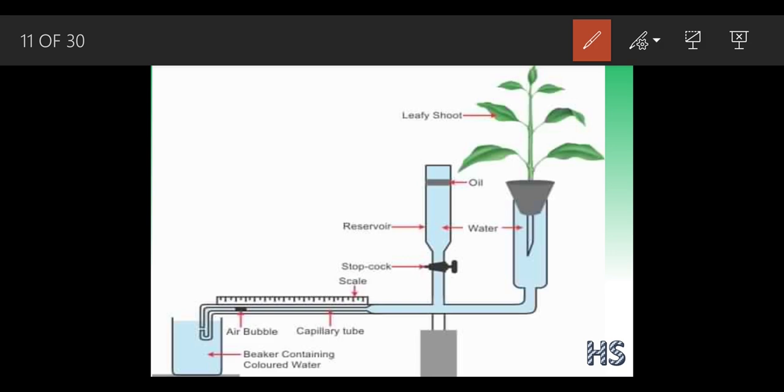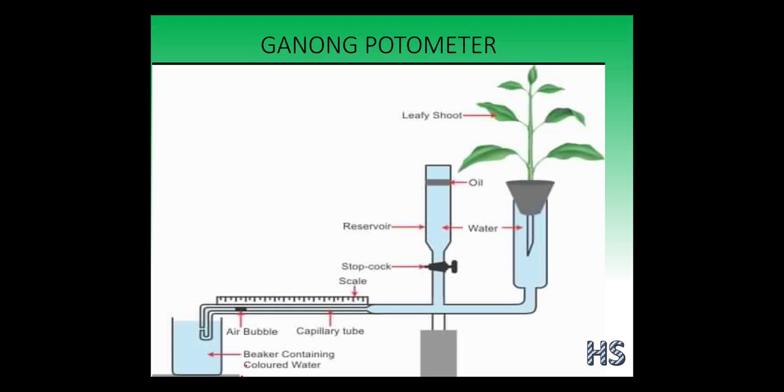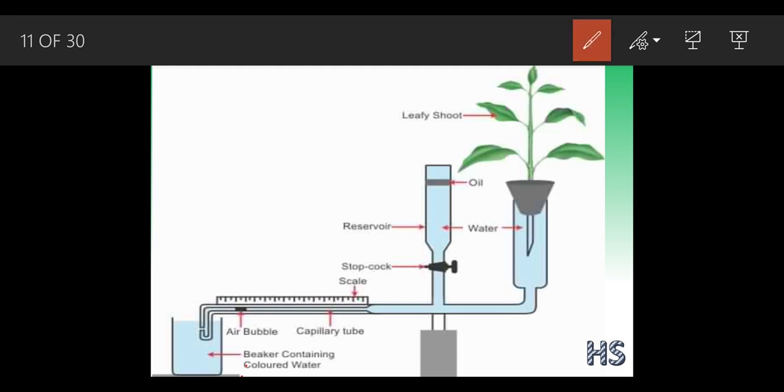Now the question arises, why was there colored water? There was colored water in order to distinguish between the transpired water and the water intake. See, the air bubble is here, the water on this side is pink in nature, and the water on this side is clear water.